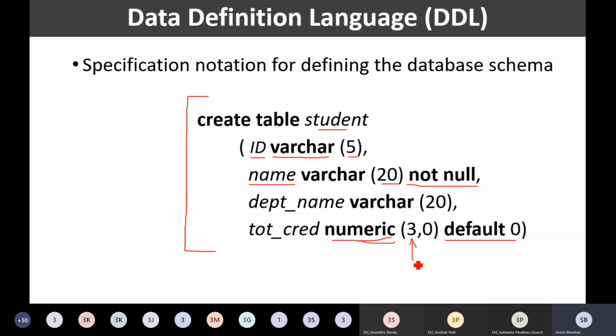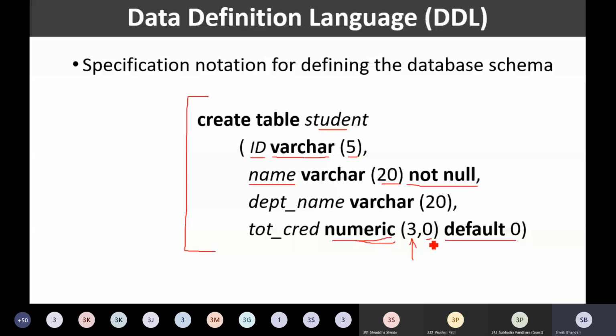So 0, if we want to store a floating point number, right? So we are having some decimal places. What would be the precision that is required? How many decimal places we need? That we can mention here as the second part of this numeric attribute.